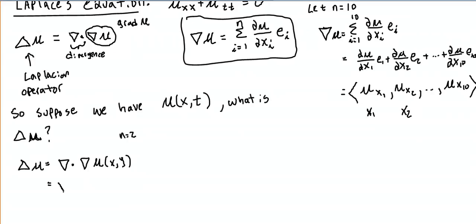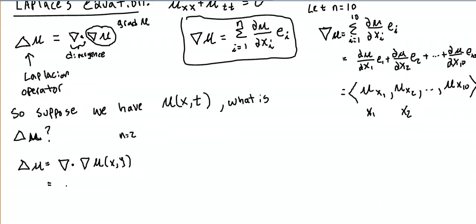So I'm going to say over here that I have the gradient. The gradient operator of the function u would be this.